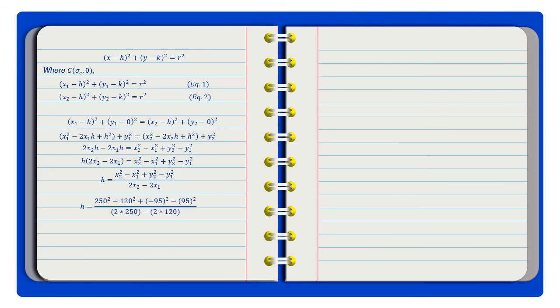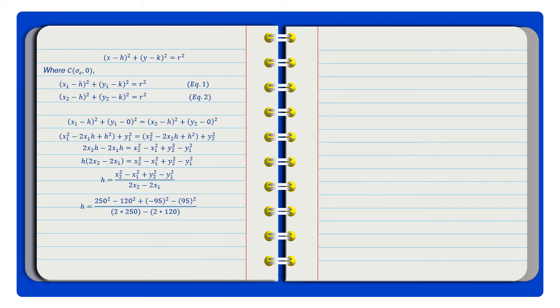We will have, so ginawa natin na x sub 2 si 250, y sub 2 si negative 95, at x sub 1 si 120, at y sub 1 si 95. So, we will now have 250 squared minus 120 squared plus negative 95 squared minus 95 squared divided by 2 times 250 minus 2 times 120.